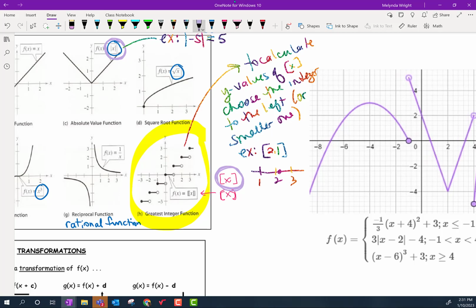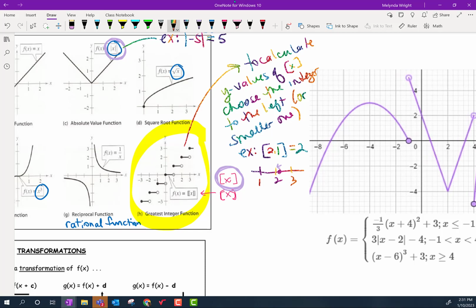What we do is we go backwards, we go left to the closest integer. So the greatest integer function gives you an integer. That's what it does. An integer, if you recall, is a whole number. So if I wanted the greatest integer function of 2.1, that would give me a 2. That would be the output. That's what you would get if you did the greatest integer function of 2.1.